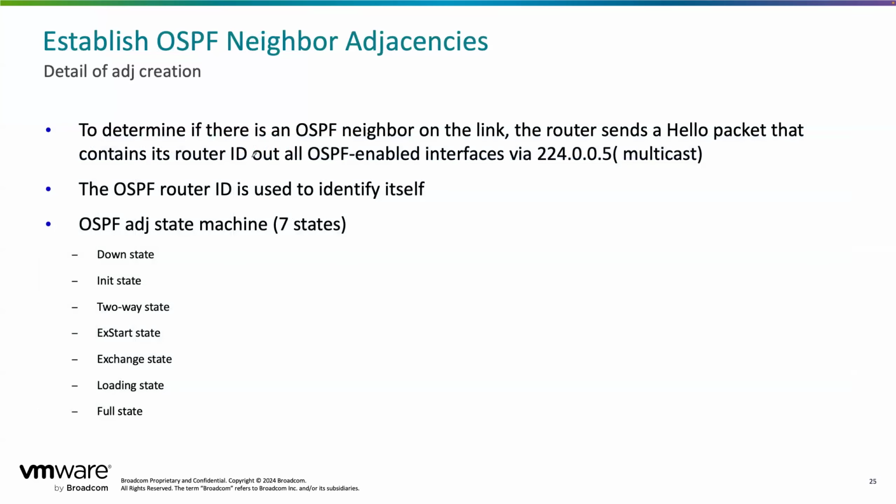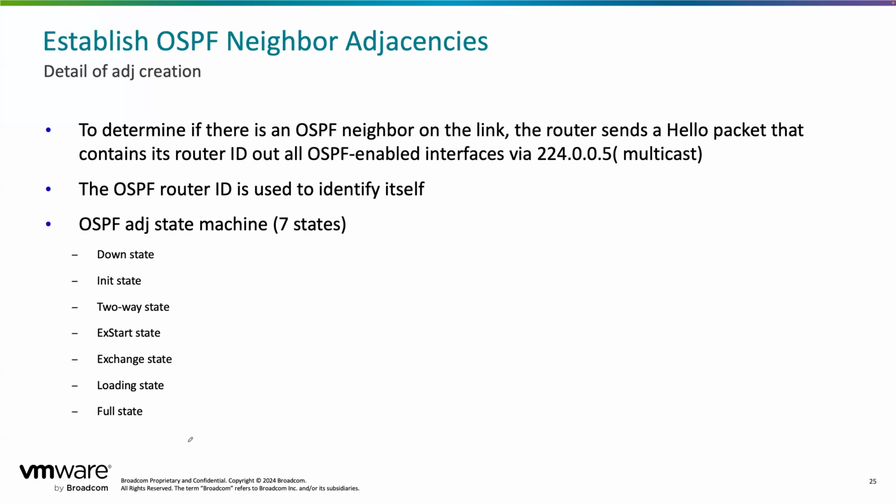When we go deeper into the establishment of OSPF neighbor adjacencies, we can see the whole negotiation process. There are seven states, or seven transitions, we have to go through, from the down state initially to the fully established relationship, which is the full state.